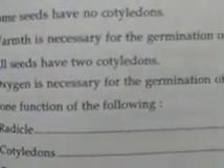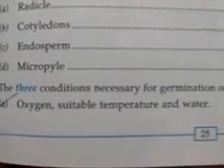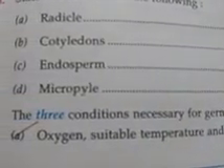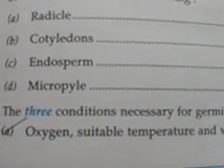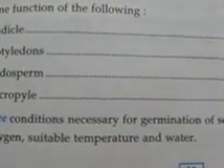Oxygen is necessary for the germination of seeds. True. Question number 9. The three conditions necessary for germination of seeds are. The correct answer is number A. Oxygen, suitable temperature and water.